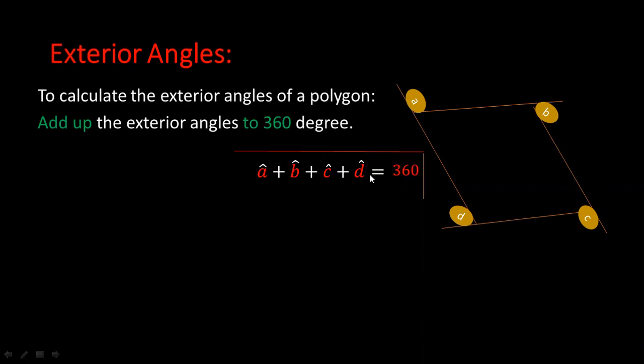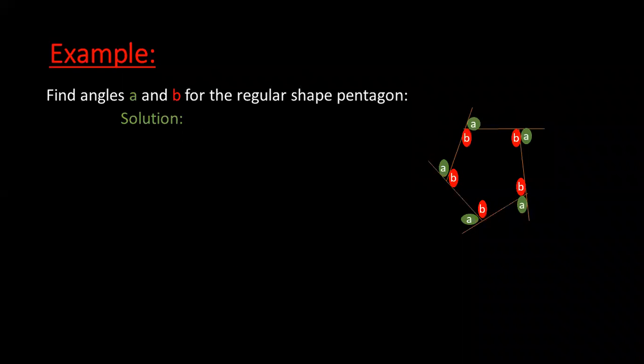So it's easier than the previous one, as you see. Let's have an example to make it clear. The example says: find angle A, in green, and find angle B, in red, for the regular pentagon.